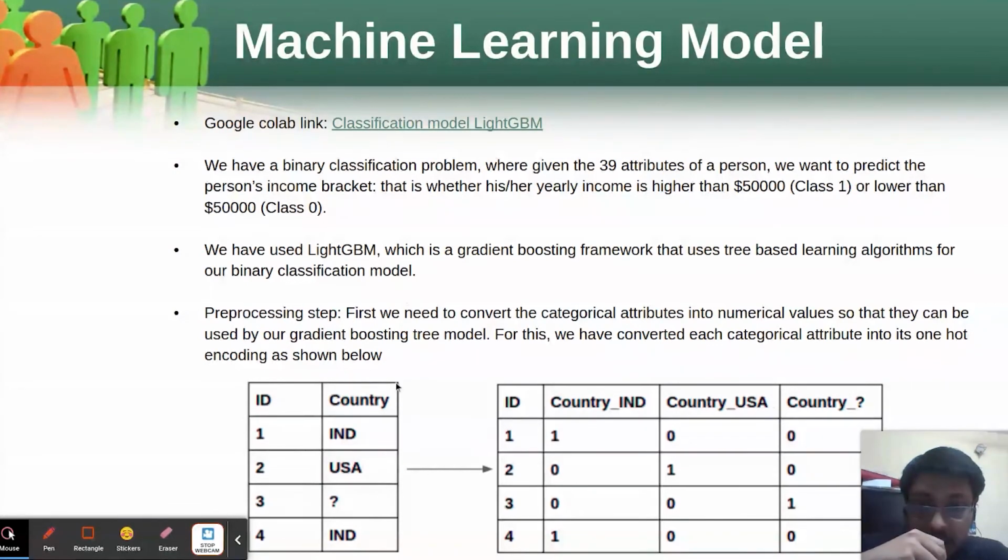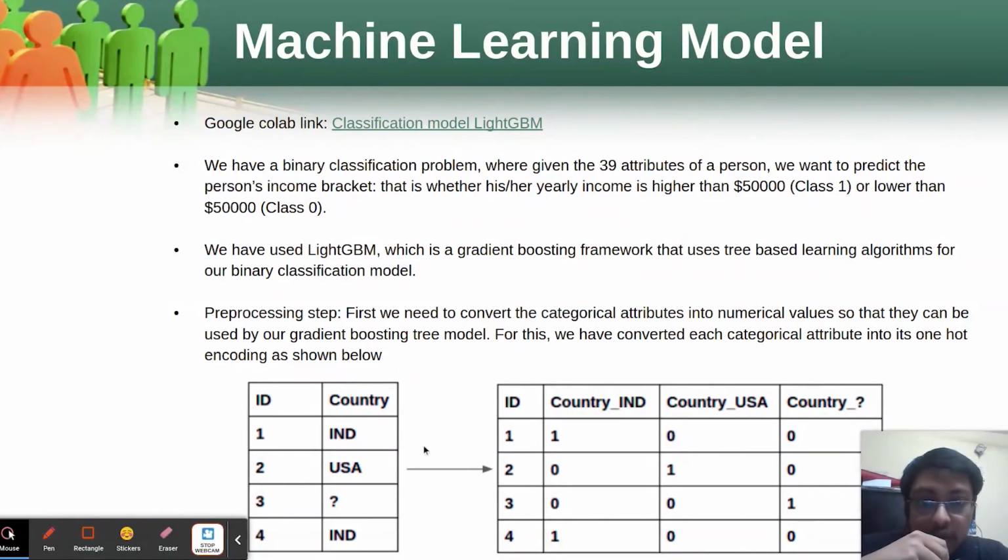For example, let's say country is one of the categorical features. We convert this particular attribute into one hot encodings. So for this particular record with ID 1, which has country as India, only the country India column will be 1, and all the rest of the columns will be 0 for this record.